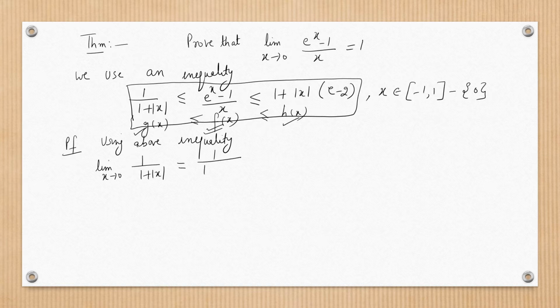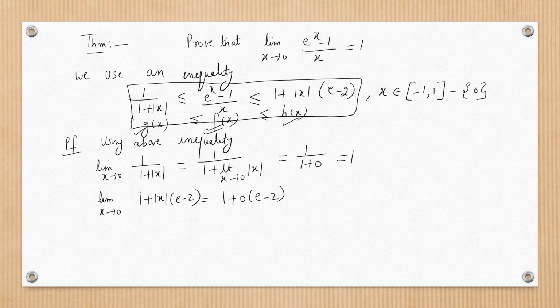It will be 1 upon (1 plus 0), that is 1. Similarly, on the right hand side, limit x approaches 0 of (1 plus mod x) times (e minus 2). There is no problem in substituting the limit directly here, so it becomes (1 plus 0) times (e minus 2). That makes this complete term 0 and it reduces to 1.